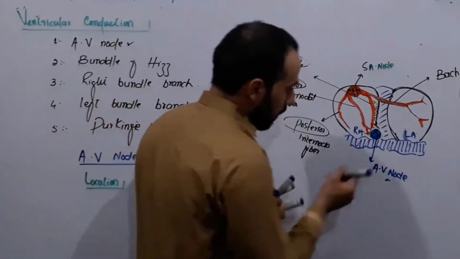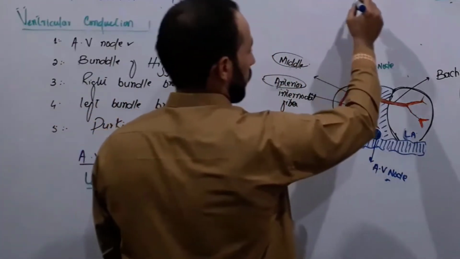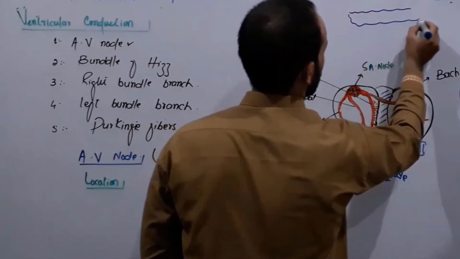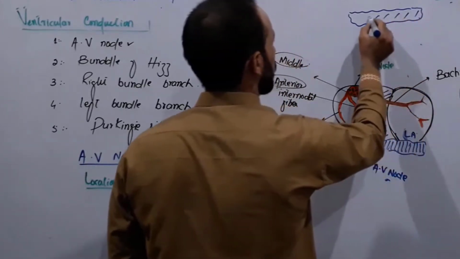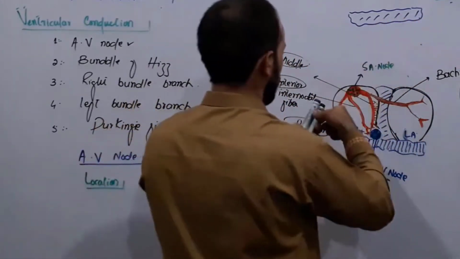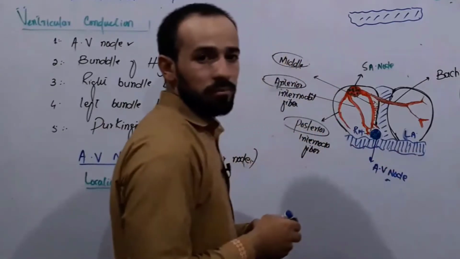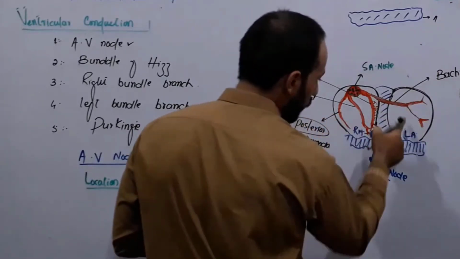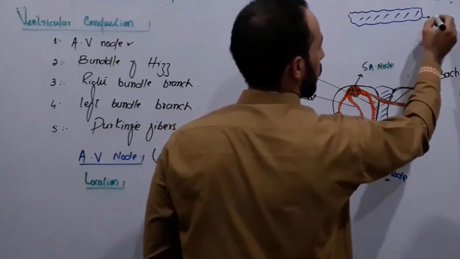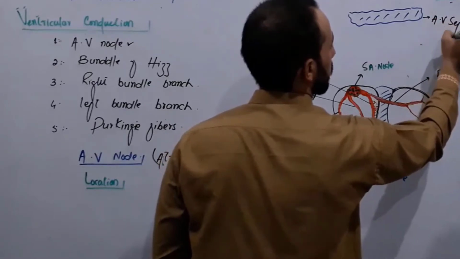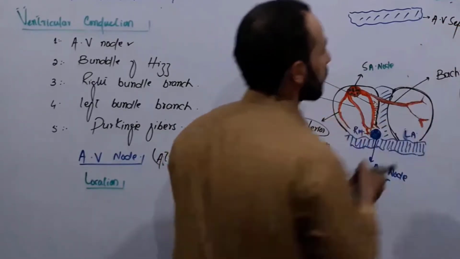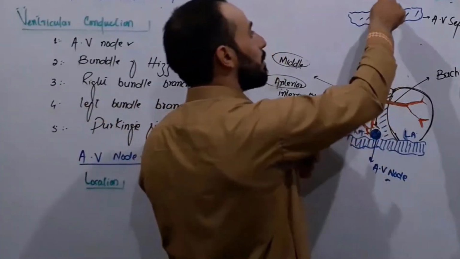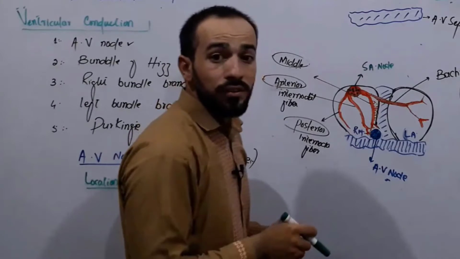If we take an example that this is the septum, and this septum is the atrioventricular septum, the AV septum, right? This AV node is present on the lower back of the AV septum.